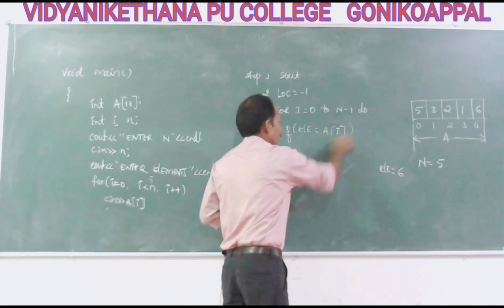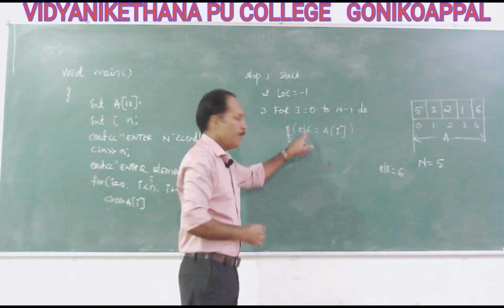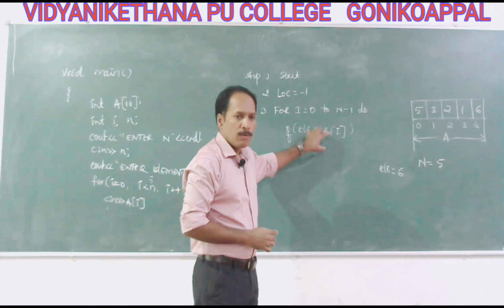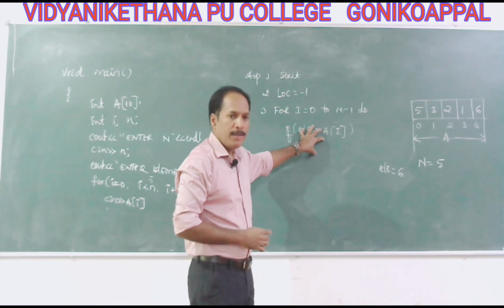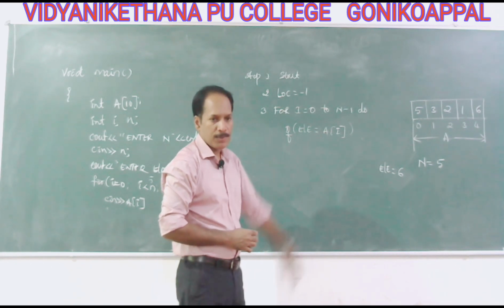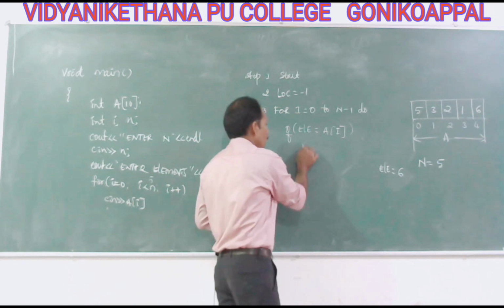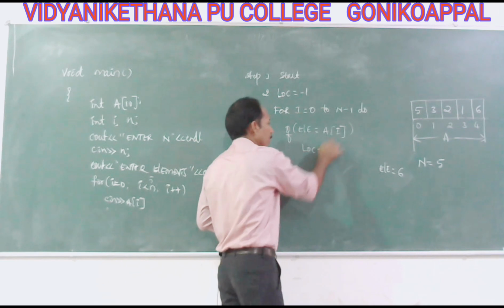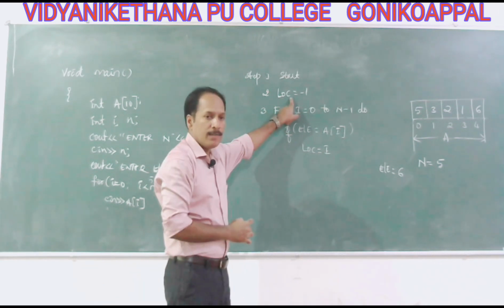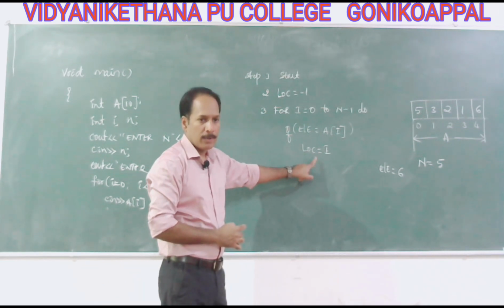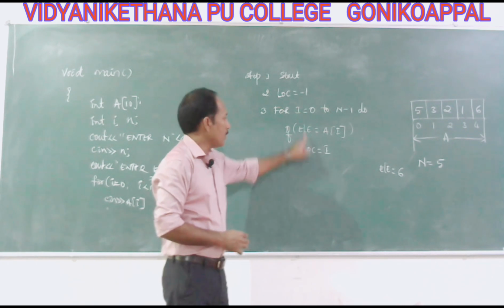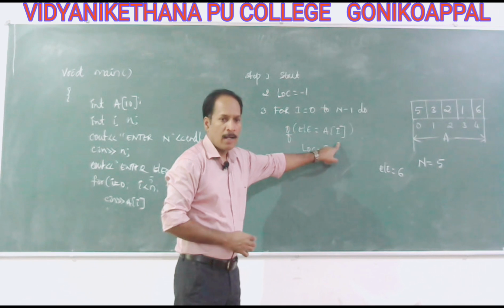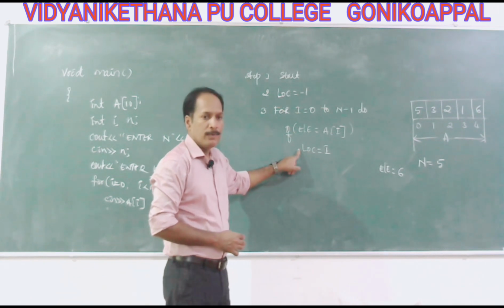When these are same, that is, the element you are looking for and the element of the array, both are same means mathematically the element is found. Search is successful. I will make location equal to that position I where the element is found. Which was negative, I replaced by the subscript I value where this ELE is found in A. That is, that I is copied to LOC.